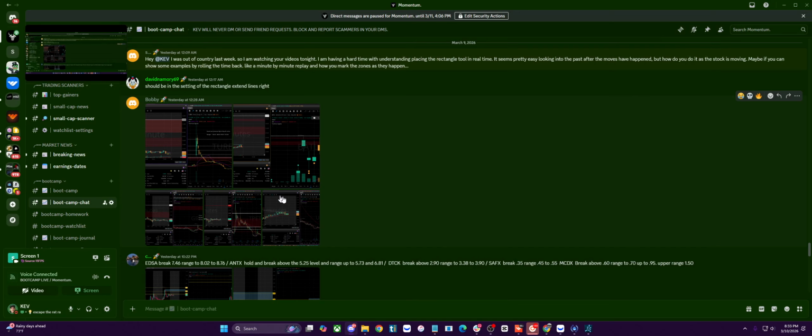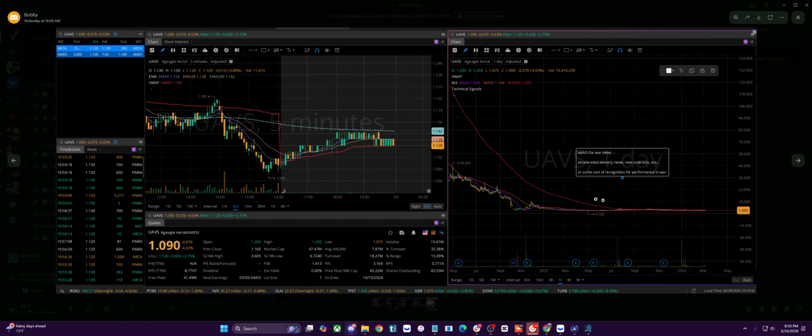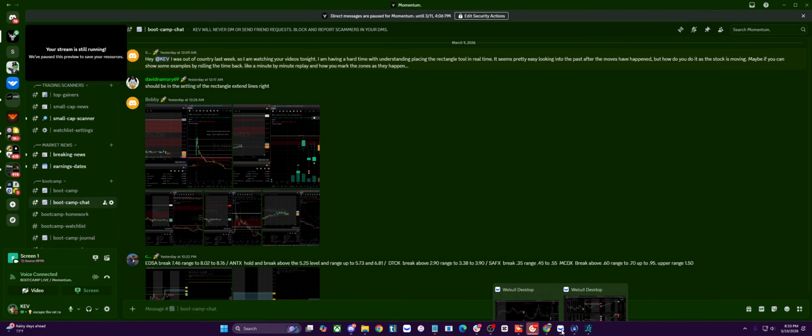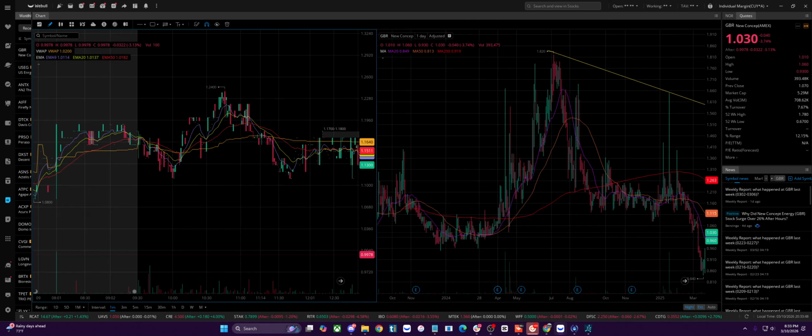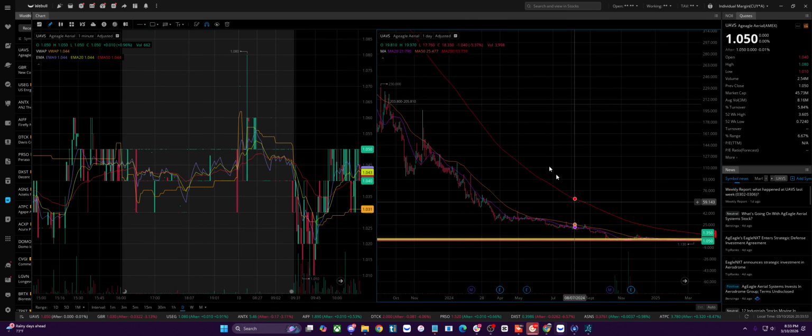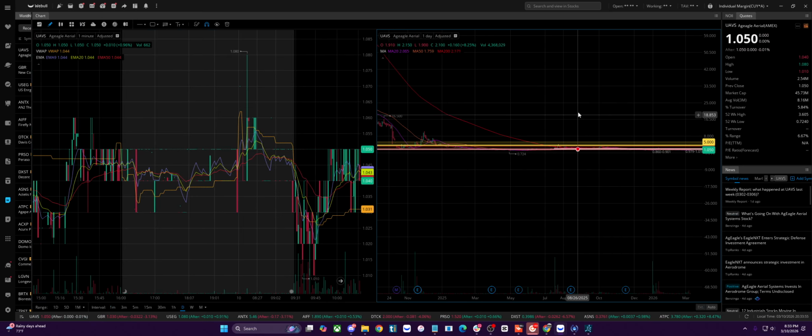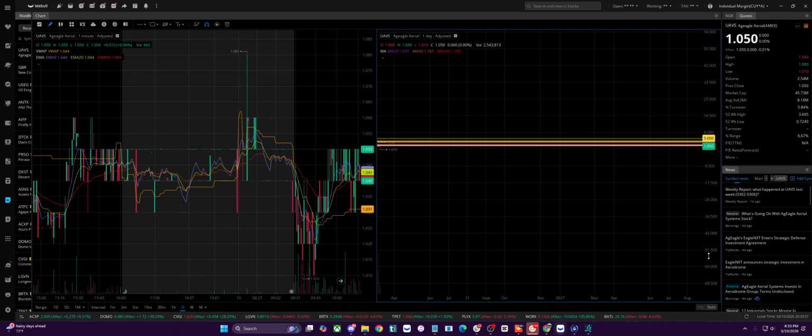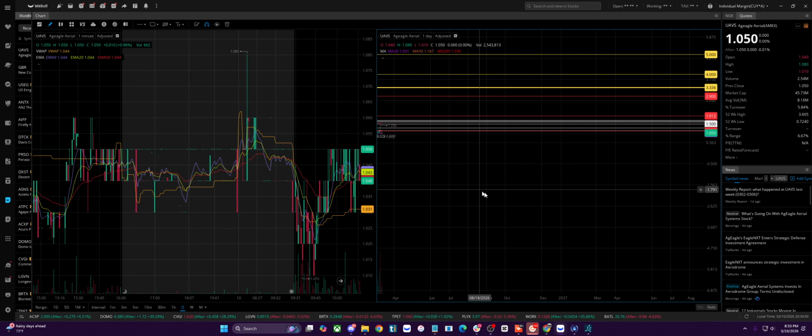TPET, what was the game plan here? UAVS, what do you have here? I'd be curious. I don't think we had any volume on this, did we? If there's no volume here, it sort of leads into what I was talking about with GPR.